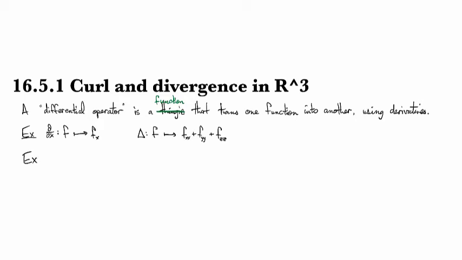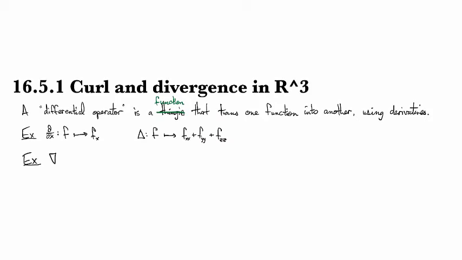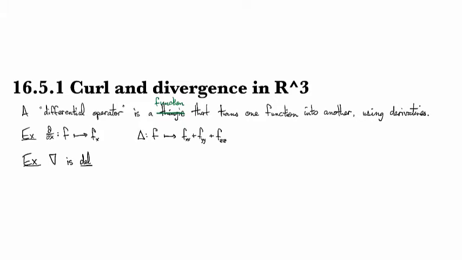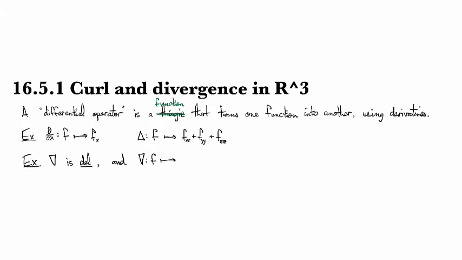The one that I'm interested in right now is this thing, nabla, that we've been using to describe the gradient. This guy by itself is sometimes called del. It is a mapping that takes f to the gradient of f.